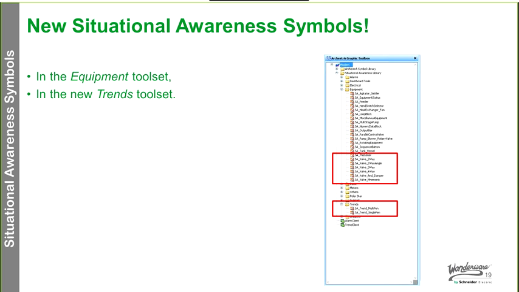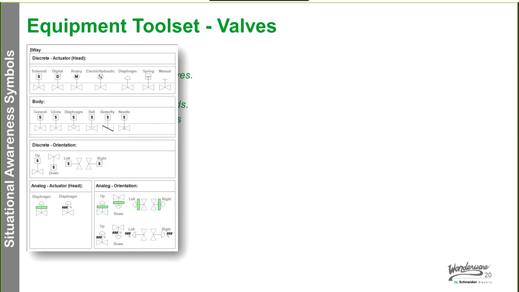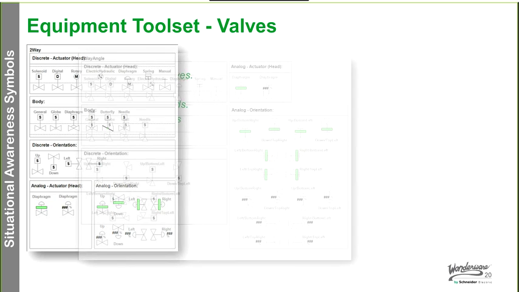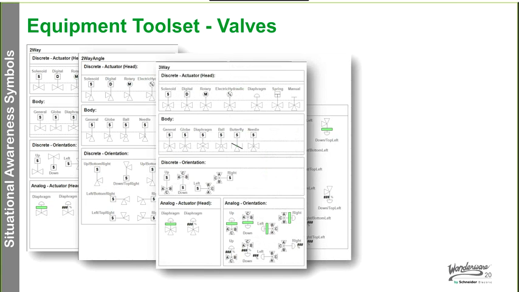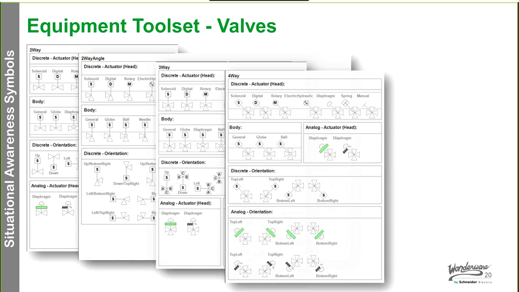That is also configured by this wizard option. From these few valves that we had in our situational awareness library, we can create a whole set of valves, depending on how we do the configuration from the symbol wizard.